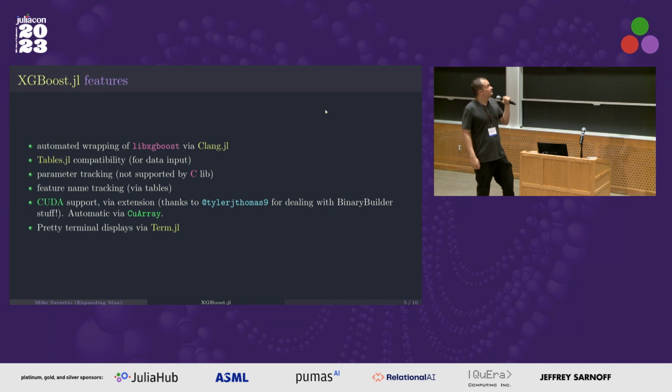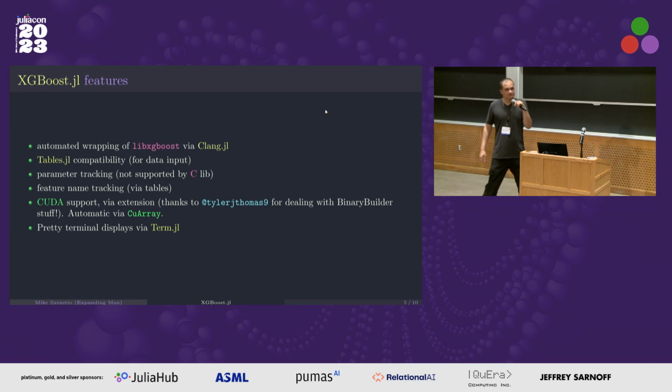Everything is fully Tables.jl compatible. It can track parameters and feature names. The feature names are a really useful thing because if you're looking at the trees themselves, it's useful to know what feature is being split on. That had to be done in the wrapper itself because it's not supported in the C library.